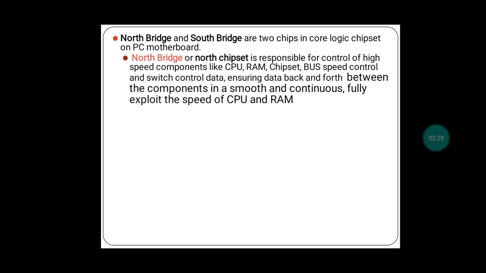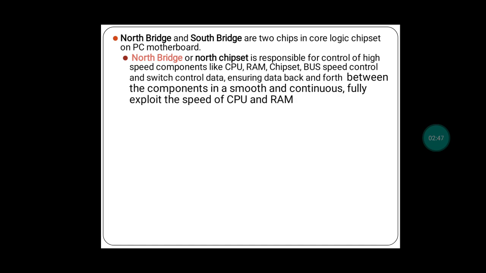So what is this bus? Bus is nothing but one of the components in the computer system which carries data from one component of the computer to another component of the computer. So carrying data has to be faster. So that can be managed by this north bridge.